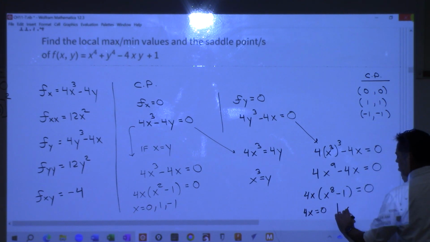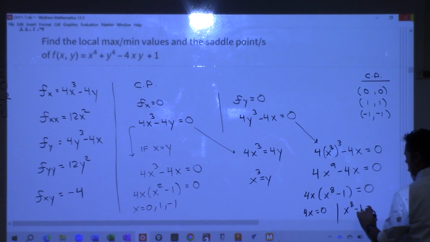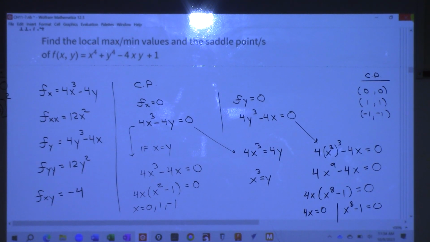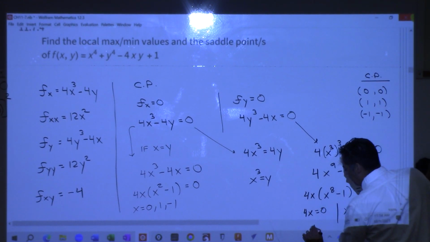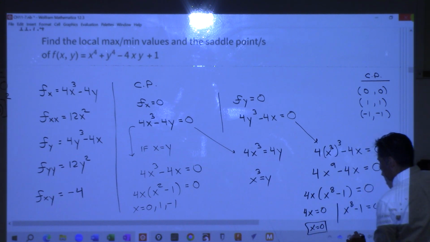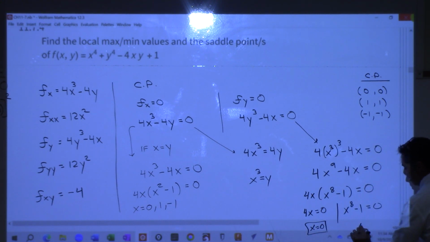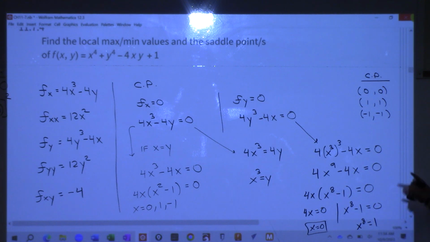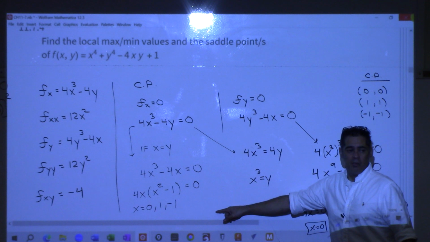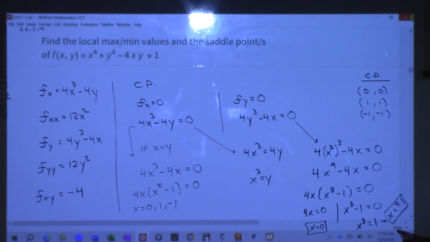Set each of the factors equal to 0. So what's your only answer here? 0, and x to the 8th equals 1. 8th root both sides. When you do an even root, you have to do plus or minus. So this gives you x is plus or minus 1. And now I know that those are my only answers.